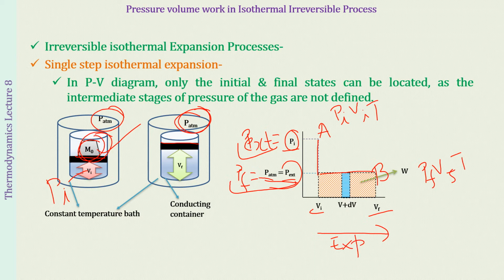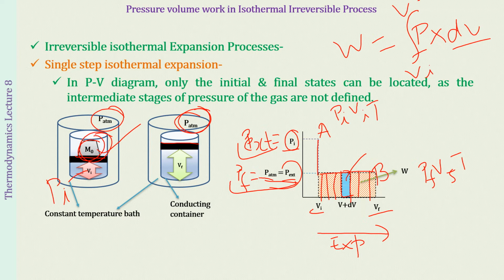So what is going to be the work done? Well, work done is going to be pressure into the change in volume. So if we represent a small change in volume by dV, the work is going to be pressure into dV. And if we have to talk about all the work, it will be all the small amounts of dV that we will be adding from Vi to Vf. So this will give us the pressure, and we put a negative sign for the sign convention.